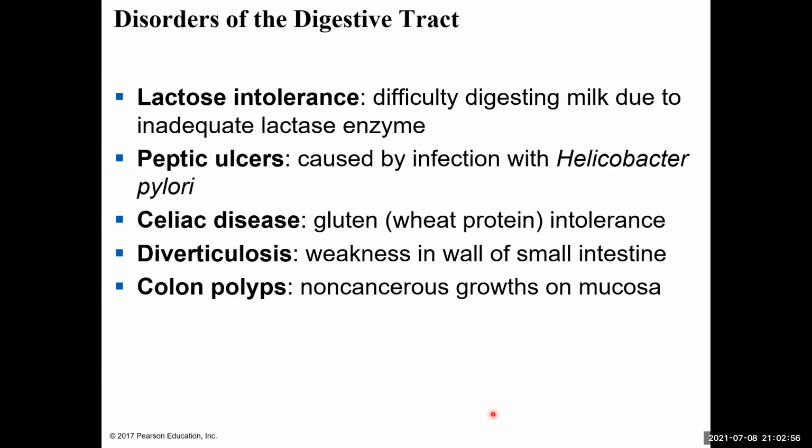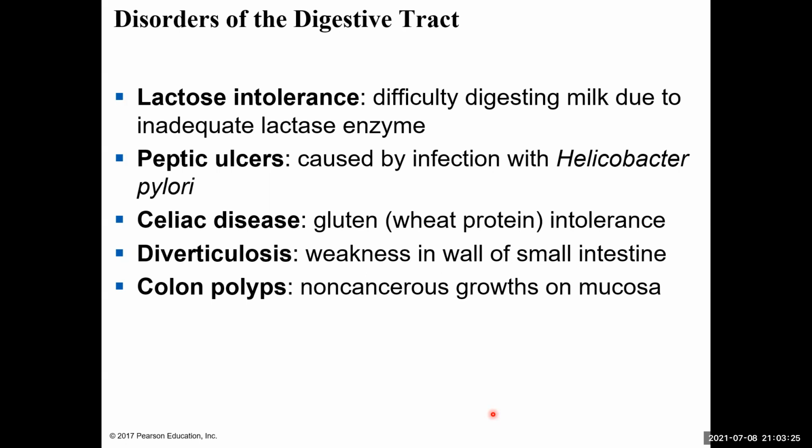Now, disorders of the digestive tract. So one is lactose intolerance, just a difficulty in digesting milk because the individual doesn't have enough lactase enzyme to break down the lactose. Peptic ulcers, which are caused by an infection of a specific organism.